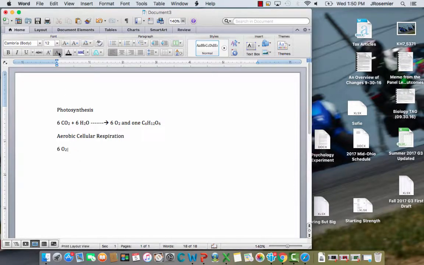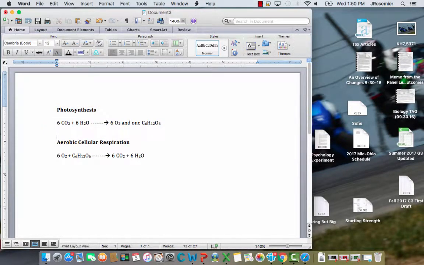And then we're going to have also some glucose. So we'll take our glucose formula here, add that to the equation, and then that's going to give us basically this whole side of the equation over here. It's going to give us 6 molecules of CO2 and 6 molecules of water. And so that is the relationship between photosynthesis, which we've already covered, and aerobic cellular respiration.